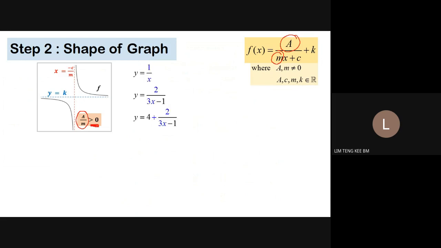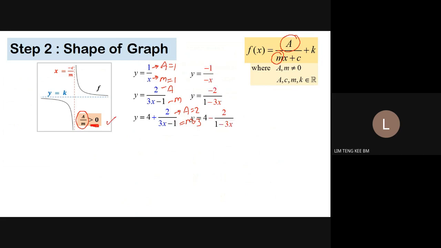So for example, in this case here, your A is 1, your m is 1, so A over m is positive. A is 2, m is 3. So all these divisions will give you positive A divided by m.